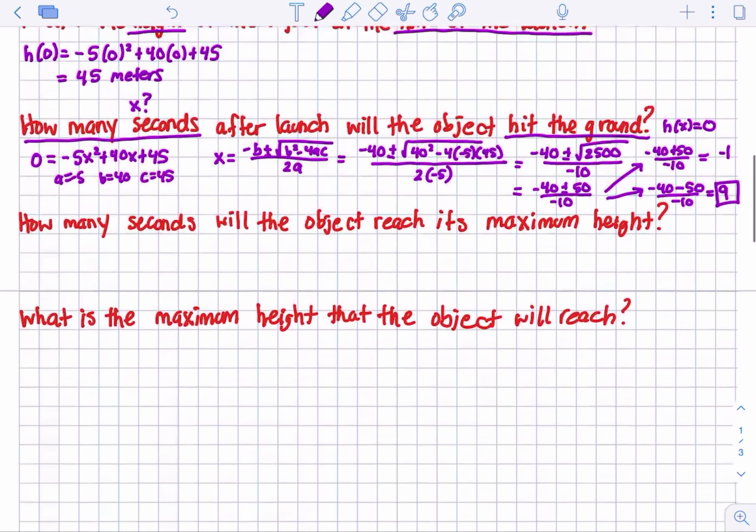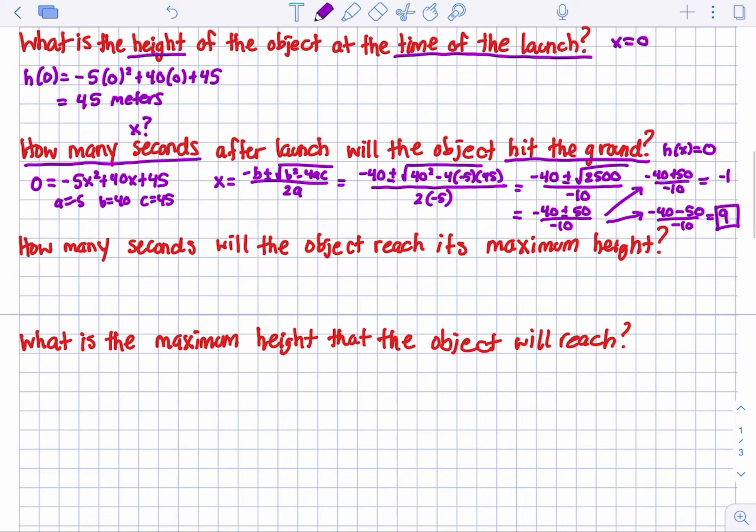Okay, next one, how many seconds will the object reach its maximum height? Okay, how many seconds? So again, we're trying to solve for x, right? Maximum height is the vertex. So that means we have to find our vertex. So vertex is equal to negative b over 2a.